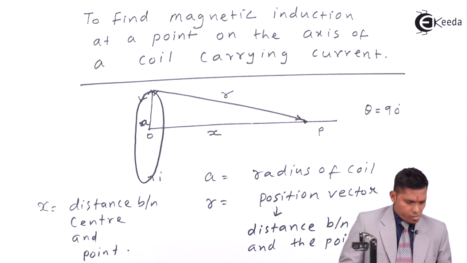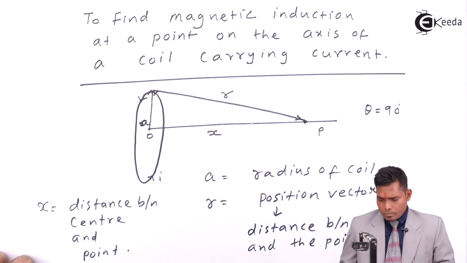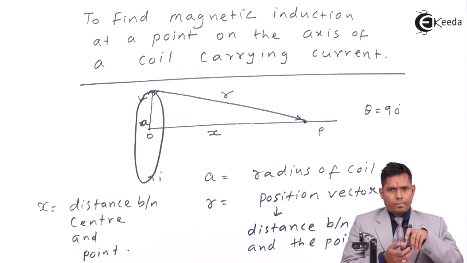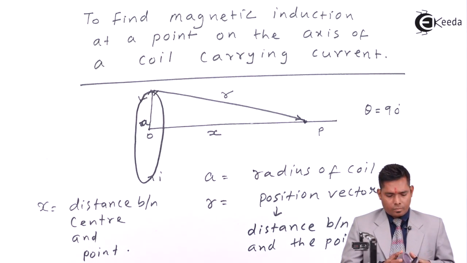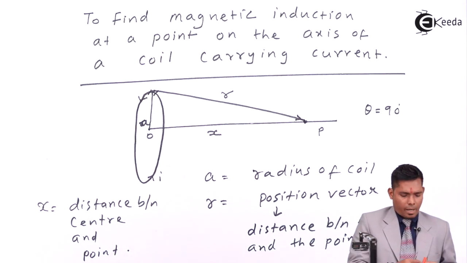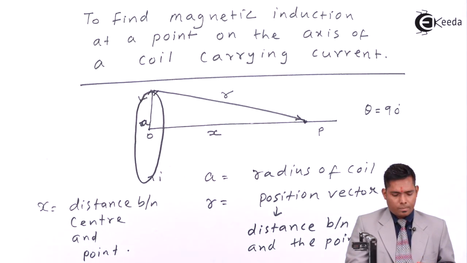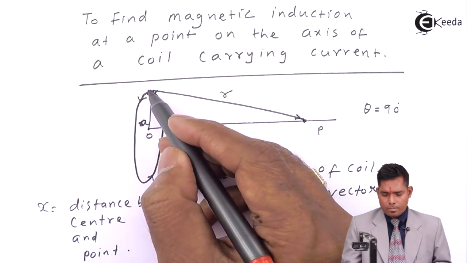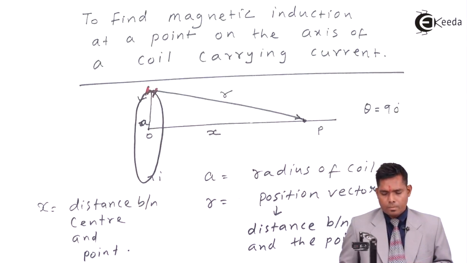Now, one more important point. Again, this is my ideal vector. Suppose this red part is the ideal, the element I have chosen here.